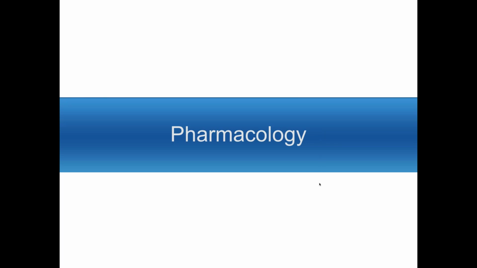So we're going to go through and discuss a little bit of pharmacology, and I'm going to explain a little bit how things can work. This is a very superficial understanding of pharmacology, but herbs, they're not magical. I mean, they are magical in some ways, but the way they work is plants contain a bunch of chemicals, and when you eat those plants, those chemicals go into your body.